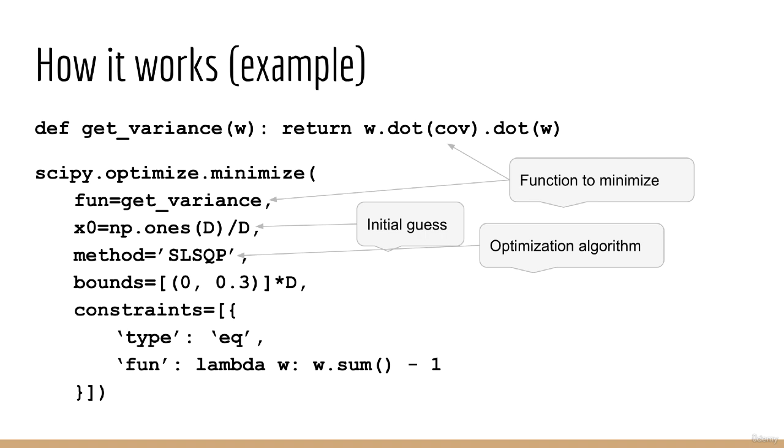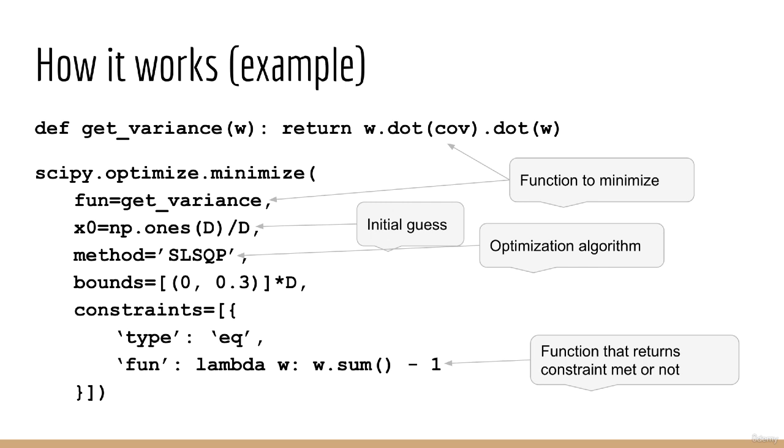Finally, we have the constraints argument. We'll get into this later in the code lecture, but basically this is represented as a dictionary or list of dictionaries, where each dictionary holds a constraint. You can either tell it to be an equality or an inequality constraint, and then you can pass in a function that returns a specific value to tell SciPy whether or not that constraint is met.